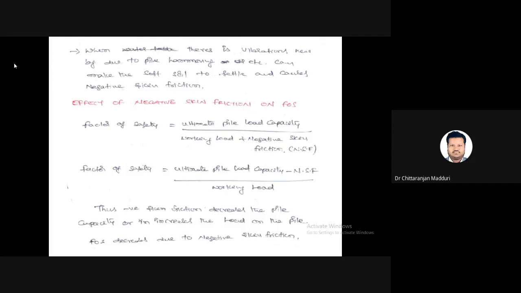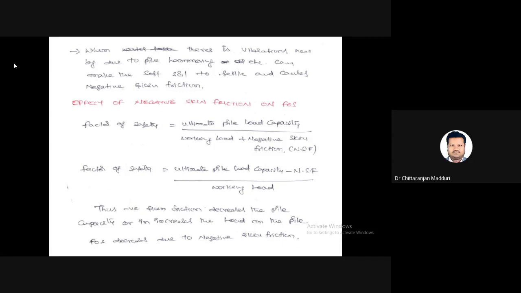Now, the effect of negative skin friction on factor of safety. In the first formula, the factor of safety is ultimate pile load capacity divided by working load plus negative skin friction. That means negative skin friction increases the downward load, so factor of safety decreases.